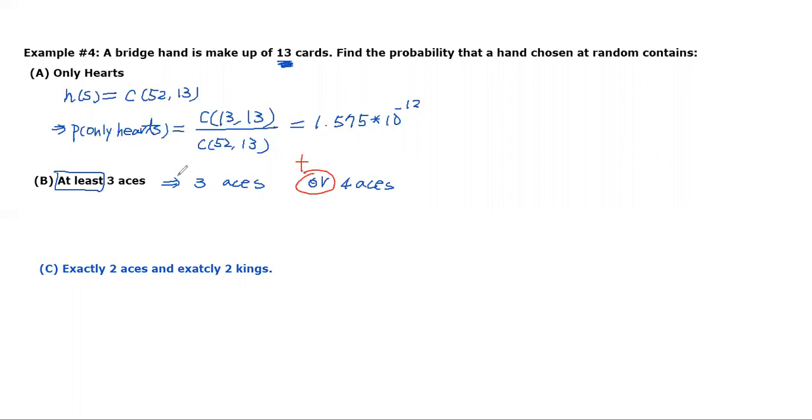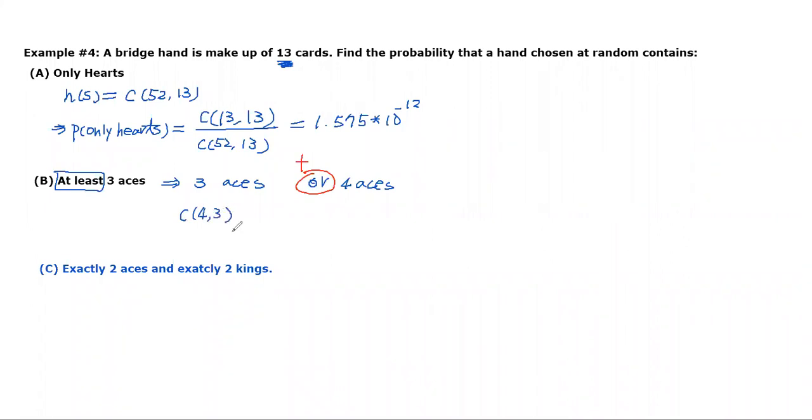Now let's see how many ways I can have 3 aces. I have 4 aces here, so out of these 4, I choose 3.